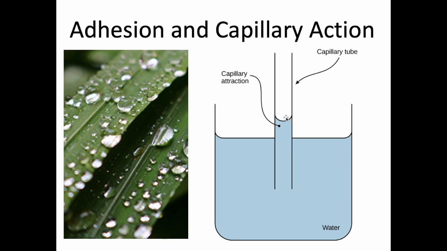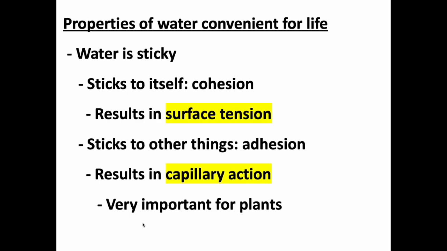And this seems like a fun science experiment that doesn't really seem relevant to life. Actually, this so-called capillary action of water climbing up the walls of a thin tube because it wants to stick to the walls of that tube is incredibly important for plants. This is a very important aspect in how plants transport water from their roots all the way up to their leaves.